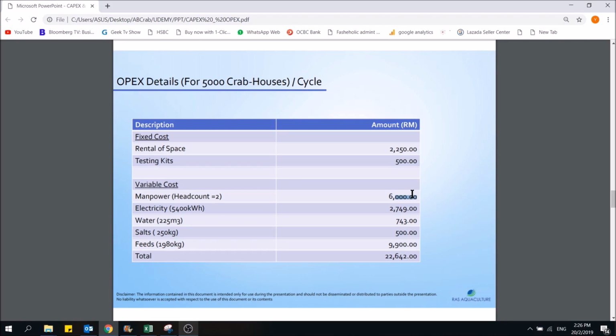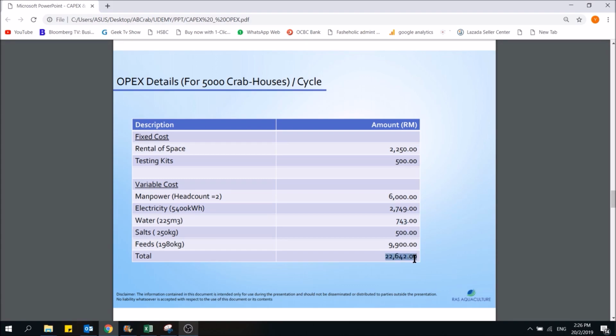So essentially you are spreading out your manpower costs across 5,000 units. Electricity will multiply by 5, water will multiply by 5, salt as well, and feed. So it brings us to a total of 22,000 for operating costs.